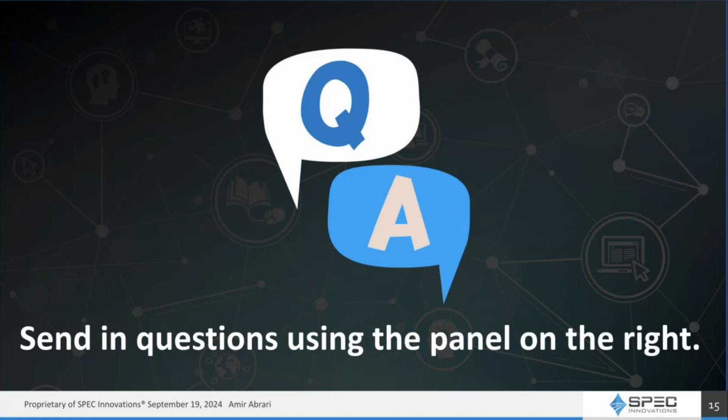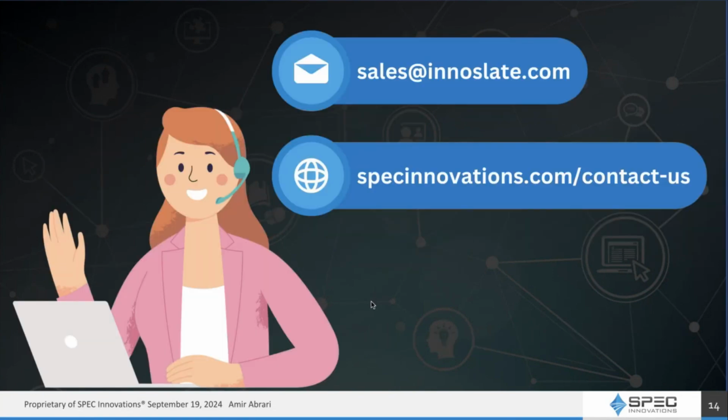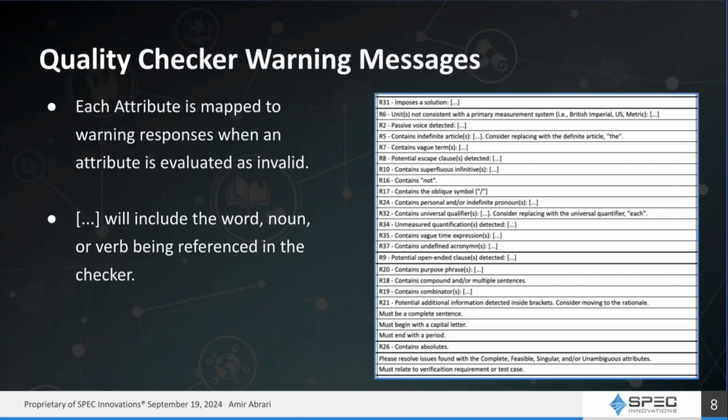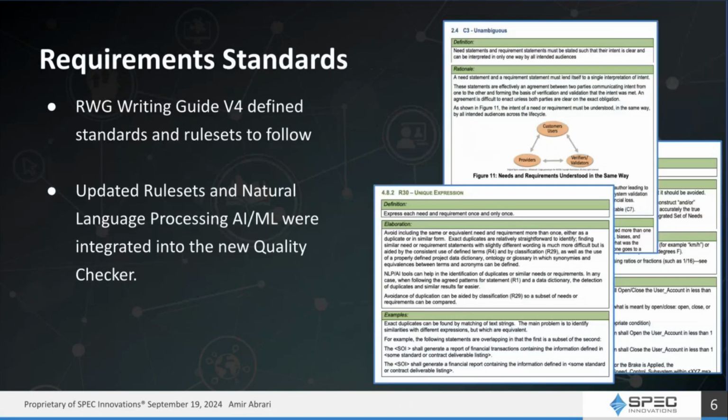What was the process from understanding the INCOSE rule sets to implementation in the quality checker? Okay, that's a great question. In terms of our process, we originally had to understand what these rules mean, because as you want to implement this in our software, we face the challenge that a lot of these rule sets present information in a lot of words.